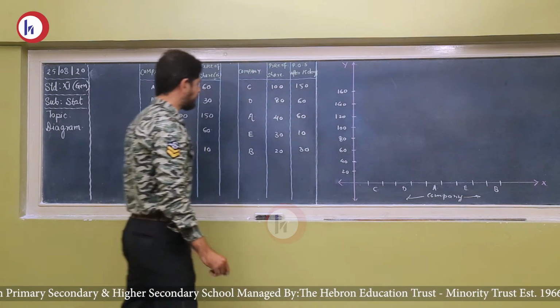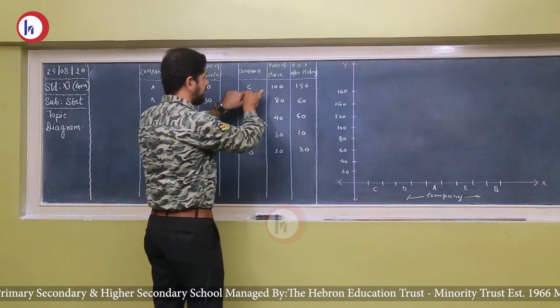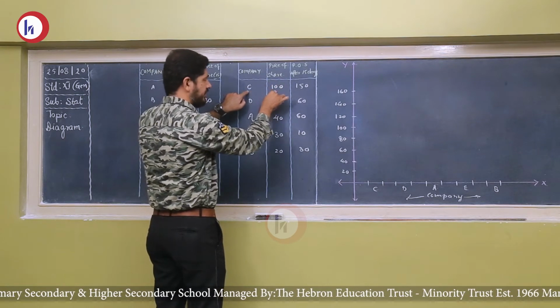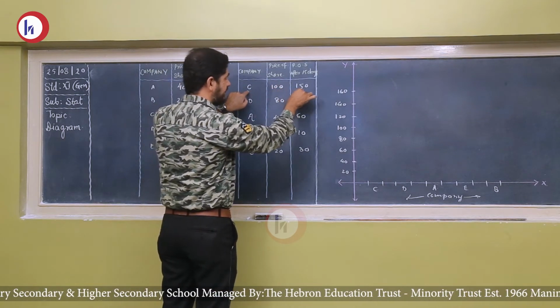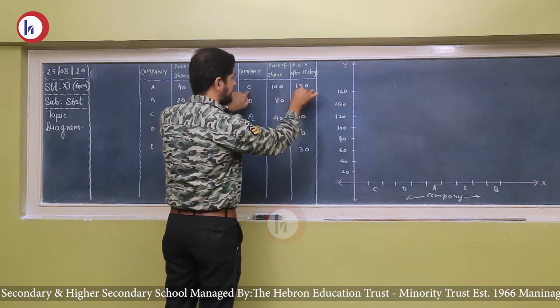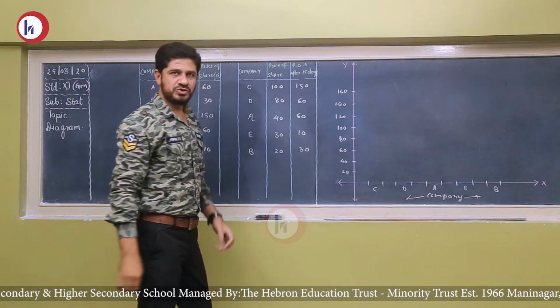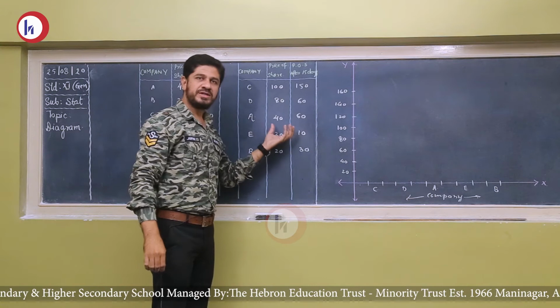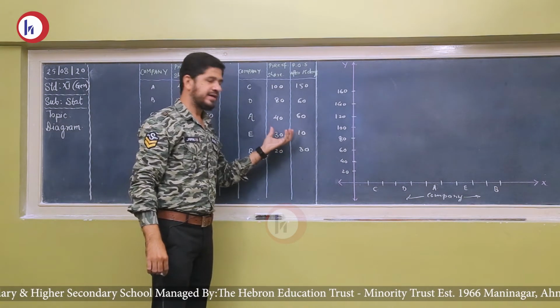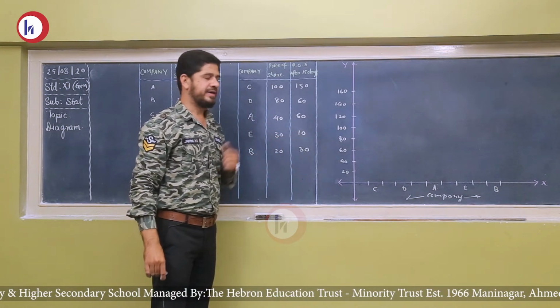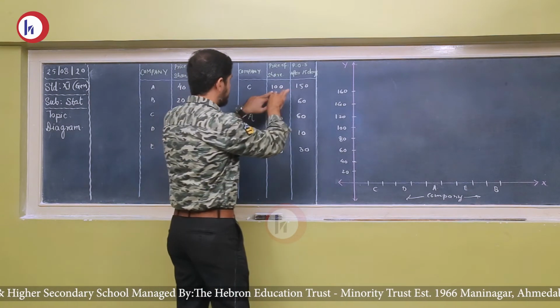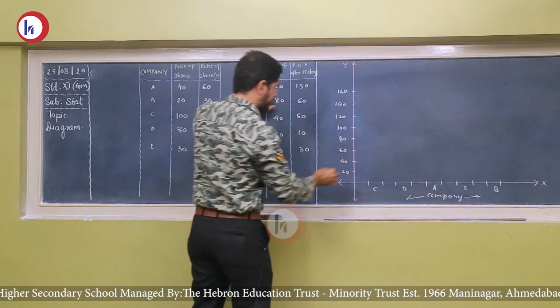Okay. So in company C, the price of the share is 100, and after 15 days, the price of that share is 150. Because two data are given, we represent it as a multiple bar diagram.